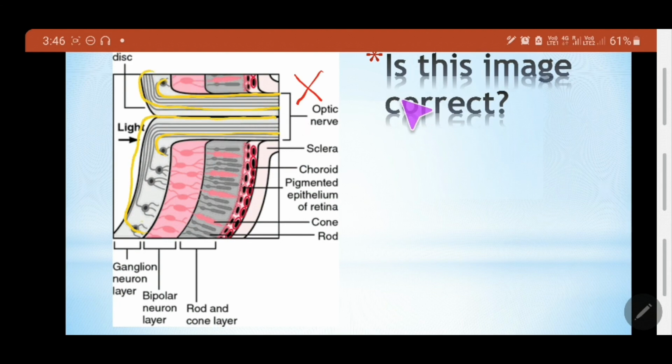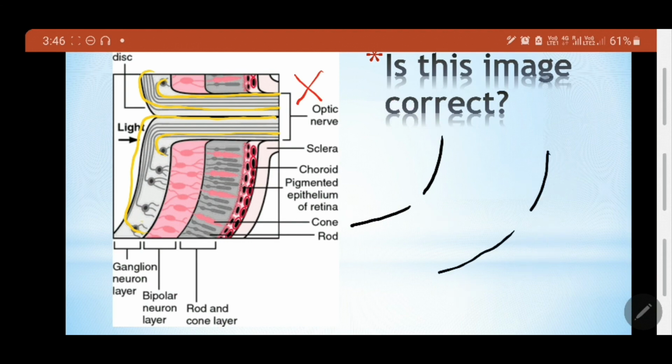Okay, so to explain this to you, let me draw one diagram. Let's say this is the blind spot. Let's draw two diagrams.